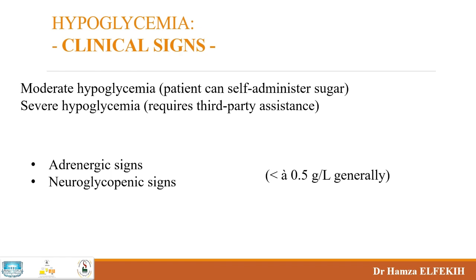For moderate hypoglycemia, the patient can self-administer sugar, so he can treat himself with sugar. But in the case of severe hypoglycemia, it requires third-party assistance. So we have adrenergic signs, but also neuroglycopenic signs, with a blood glucose level generally below 0.5 gram per liter.